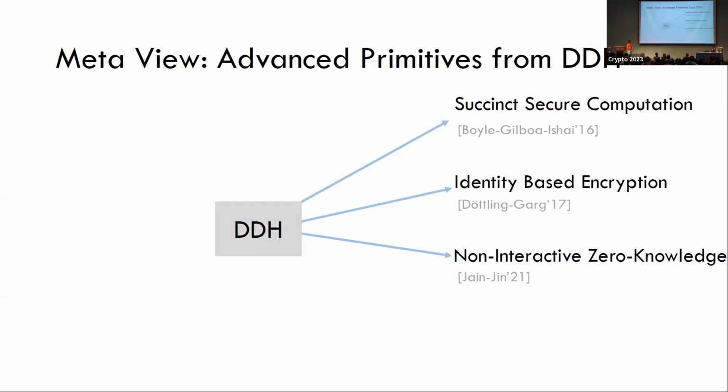These are primitives like succinct secure computation, identity-based encryption, and more recently, non-interactive zero knowledge, which we knew from strong cryptographic assumptions, but have recently been shown to be possible just from DDH. Our result can also be viewed in this lens: the power of DDH is sufficient for constructing SNARGs.